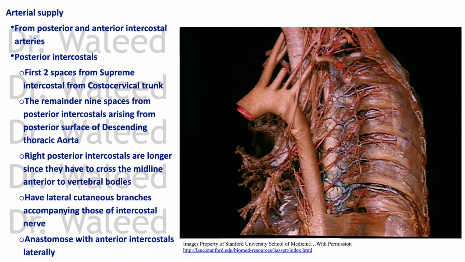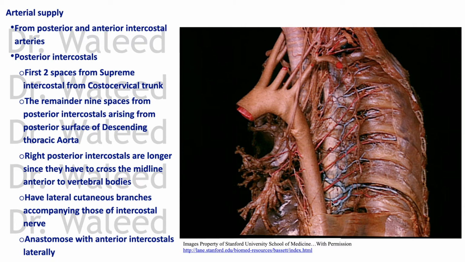Now the lower 9 spaces are taken up by the posterior intercostal arteries, from the descending thoracic aorta. These are the posterior intercostal arteries. See, they are beautifully dissected here.